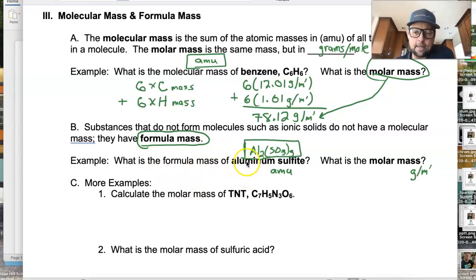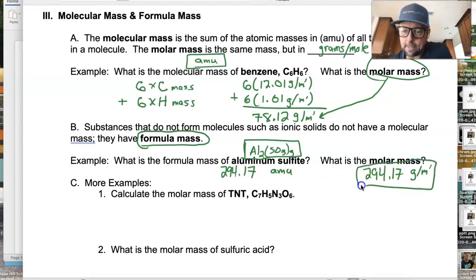Sulfite has a -2 charge. So that's our formula. For the formula mass, 294.17 AMU, and the molar mass in grams per mole, which we use way more often, is 294.17 grams per mole. Like I said, 99% of the time, we're just going to find things in terms of moles. If we were holding 1 mole of aluminum sulfite, it would weigh 294.17 grams.